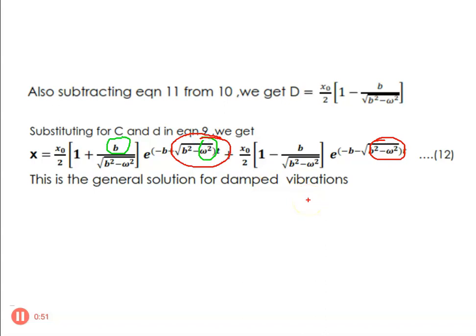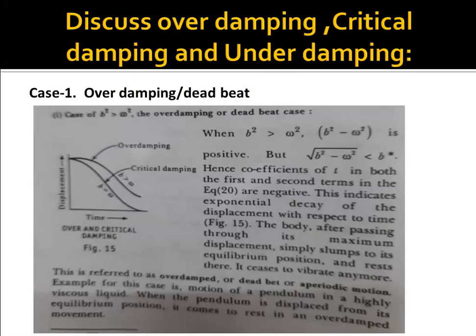So we consider how the resistive force compares with the frequency of the oscillating body: greater than, equal to, or less than. By considering these factors, we arrive at three different conditions: one for the overdamping condition, another for critical damping, and another for underdamping. Right? So we will go one by one.